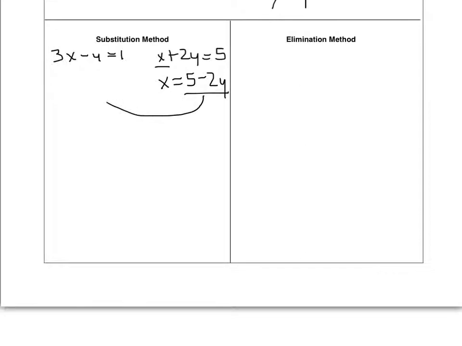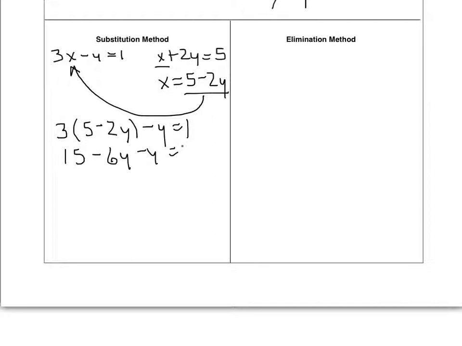Substitute that information into the first equation in place of x, and we have 3 times 5 minus 2y minus y equals 1. So 15 minus 6y minus y equals 1.